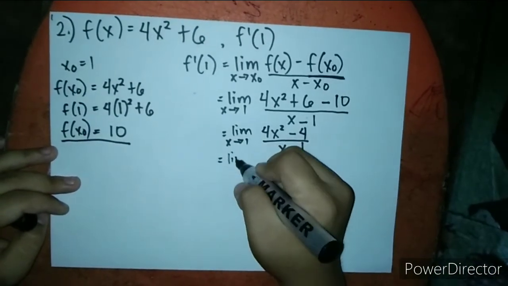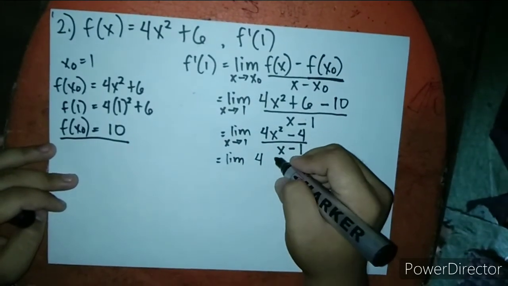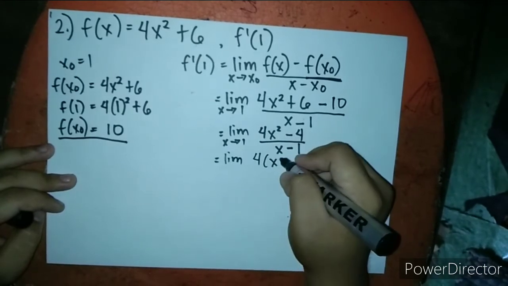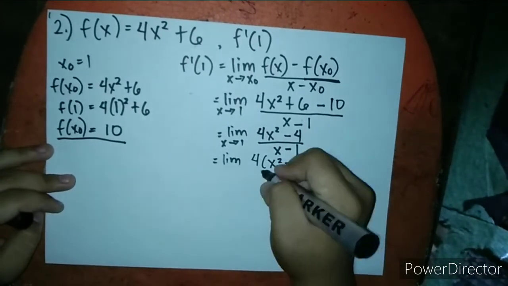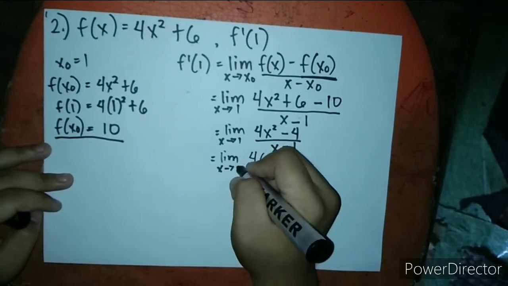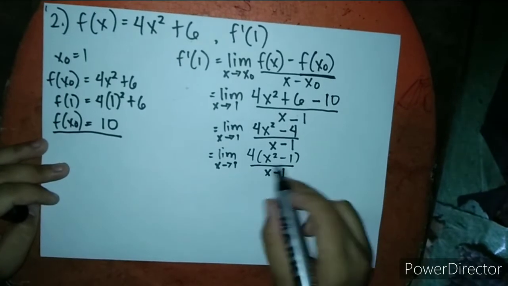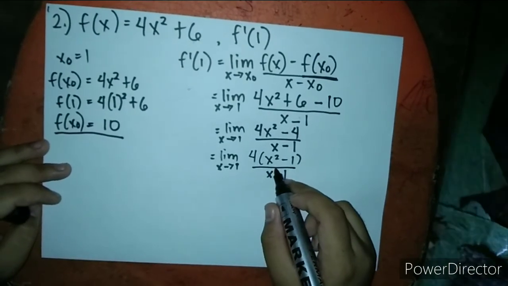So, limit of 4 times x squared minus 1 over x minus 1 as x approaches 1. Hindi pa natin siya pwedeng i-cancel kasi may squared pa siya.